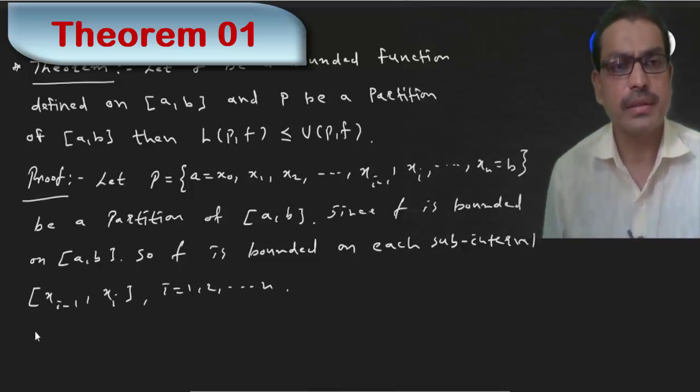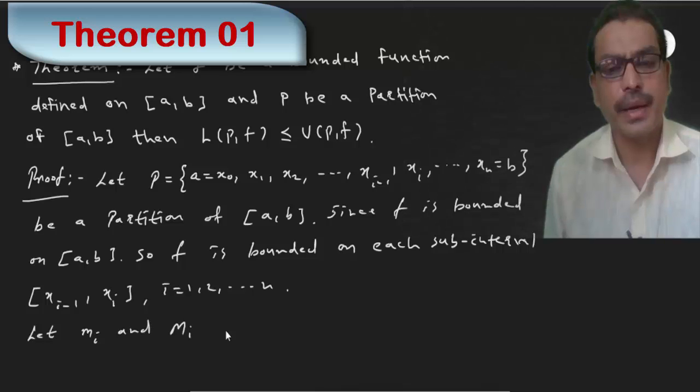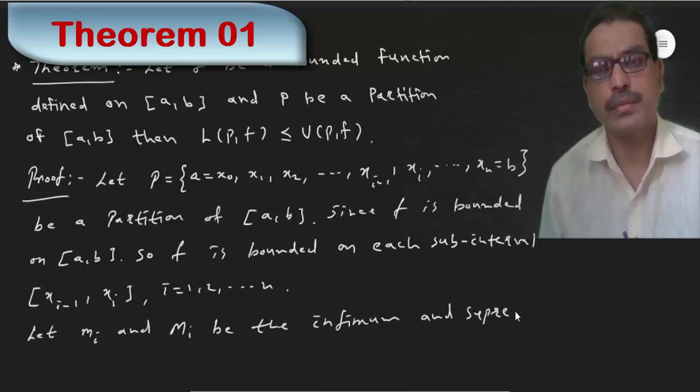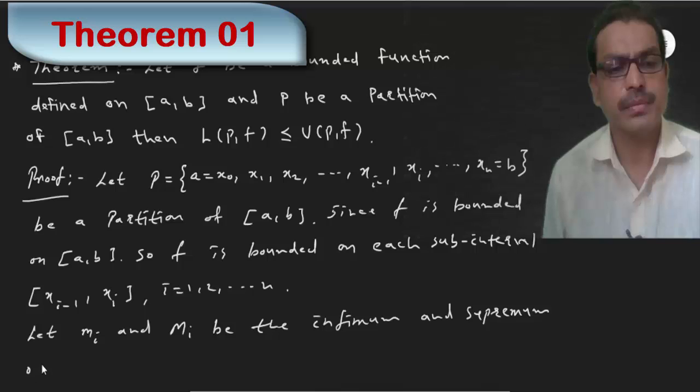Now let small mi and capital Mi be the infimum and supremum of a function f on [xi minus 1, xi].